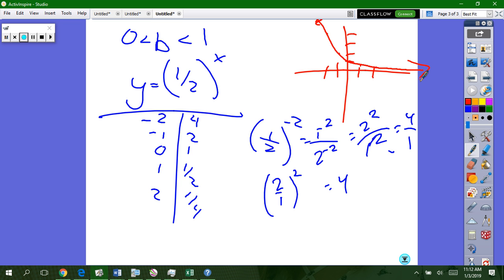Notice it's getting smaller as we move left to right. And let's just drop it ourselves. Like if I put the minus one, we go down. Could it look like this?